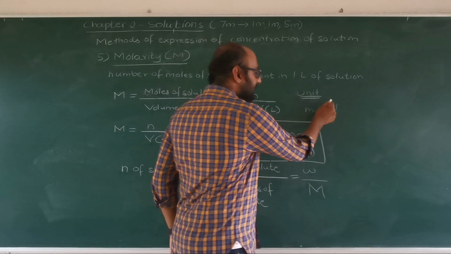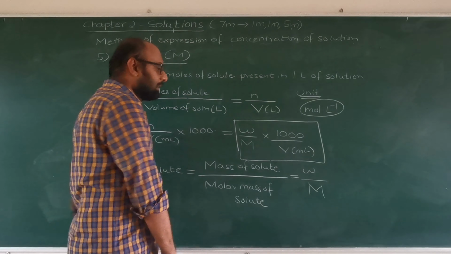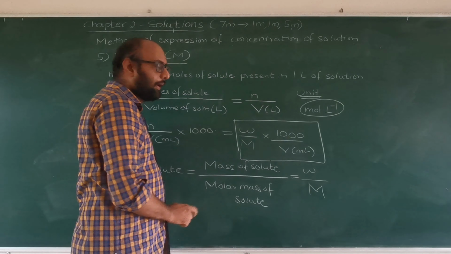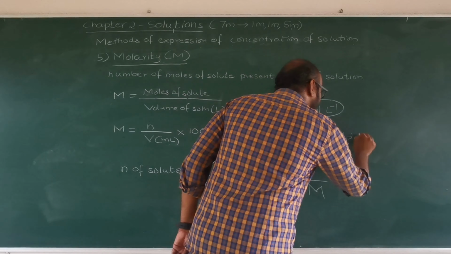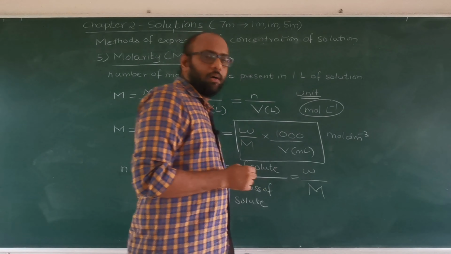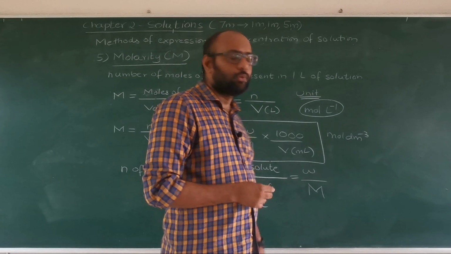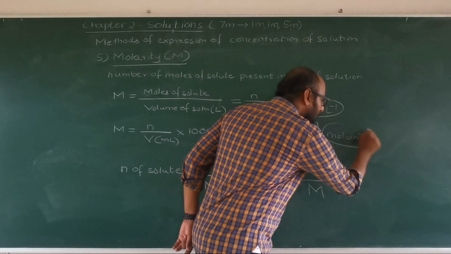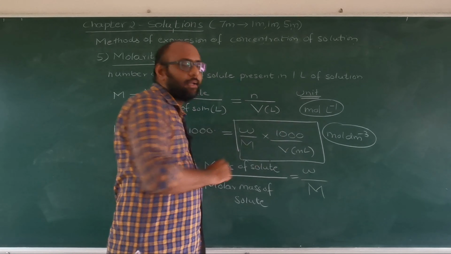So if you want to express in liter, this will be the unit of molarity. If you are expressing in ml, then it will be mole per dm cube. This will be the unit of molarity if you are expressing volume in ml.